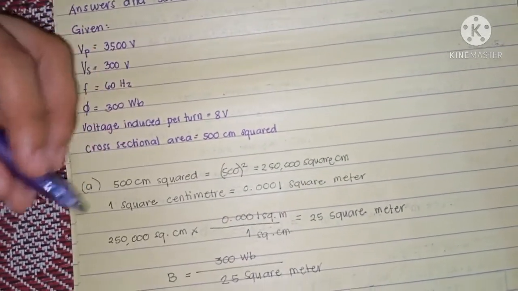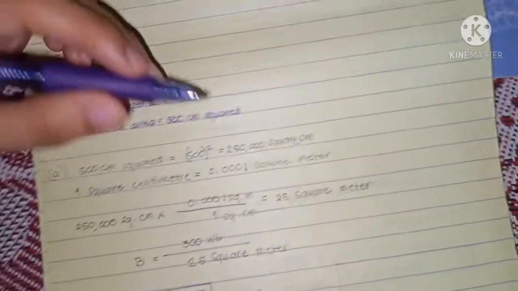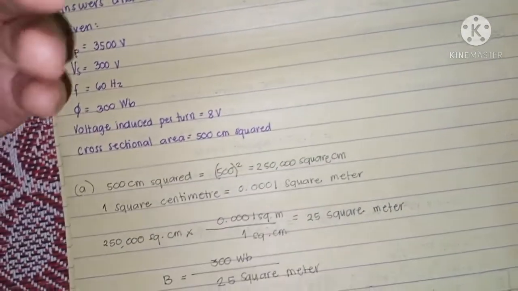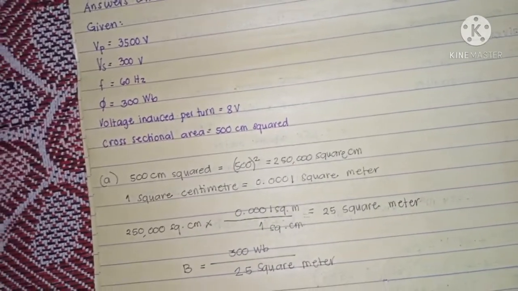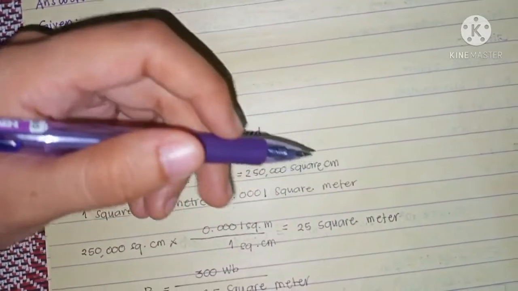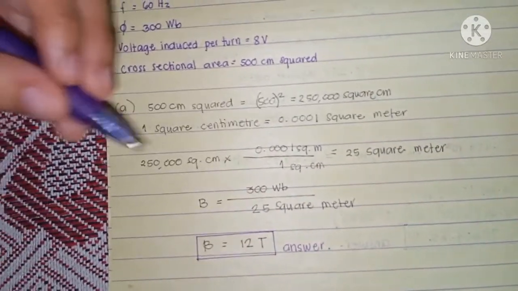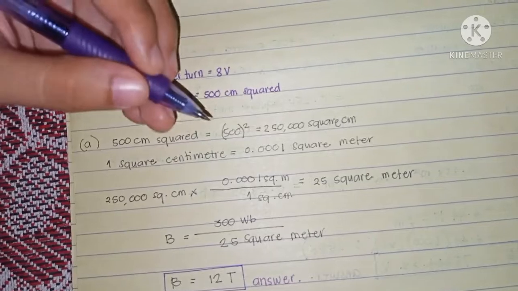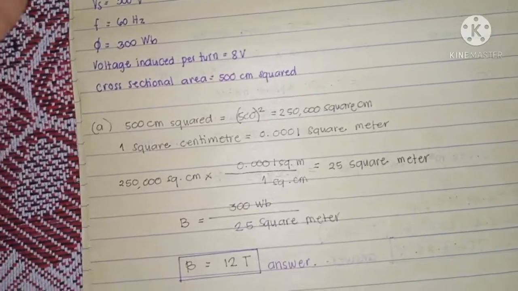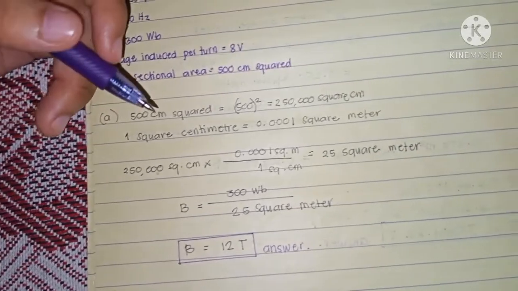Proceeding on our solution, since we have converted the 500 centimeters squared, we have 250,000 square centimeters. And we know that 1 square centimeter is equal to 0.0001 square meter, or 1 square meter is equal to 10,000 square centimeters.